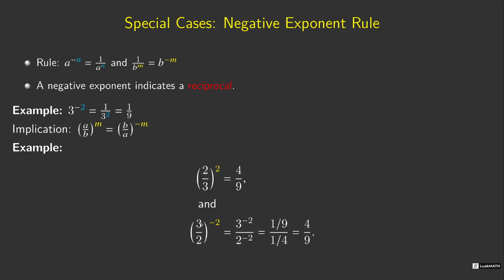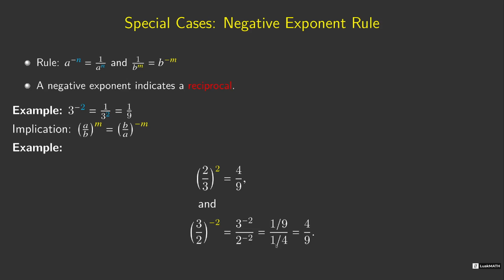In this case, it becomes 3 over 2. And then I negate the exponent. Remember, it was a 2 here, now we have minus 2. And then we use the same rule. We distribute the exponent. So this becomes 3 raised to minus 2 divided by 2 raised to minus 2. Now 3 raised to minus 2 equals 1/9. We've already seen it here. And then 2 raised to minus 2 is 1/4.